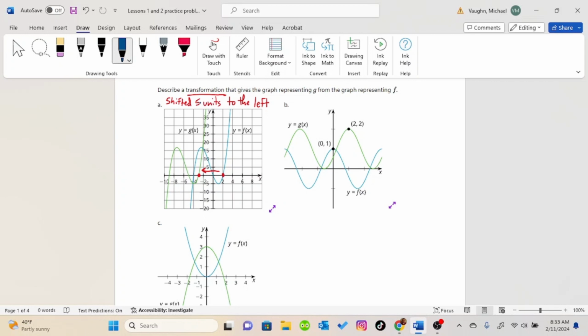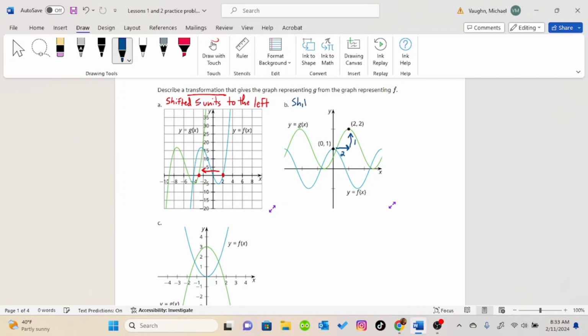So now if we look, the x value went from 0 to 2. So they're saying we shifted right 2. And then we can see the y value went from 1 to 2. So we shifted up 1.